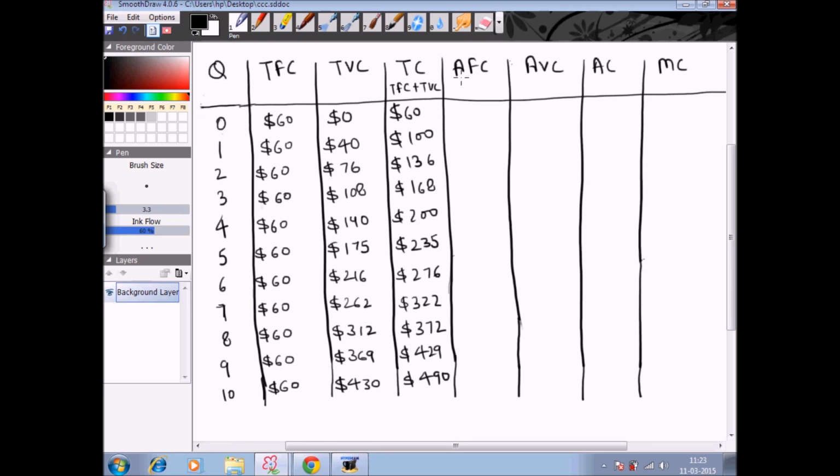Now talking about the average fixed cost, very simple. We divide the total fixed cost by the quantity produced. So we get the average fixed cost.